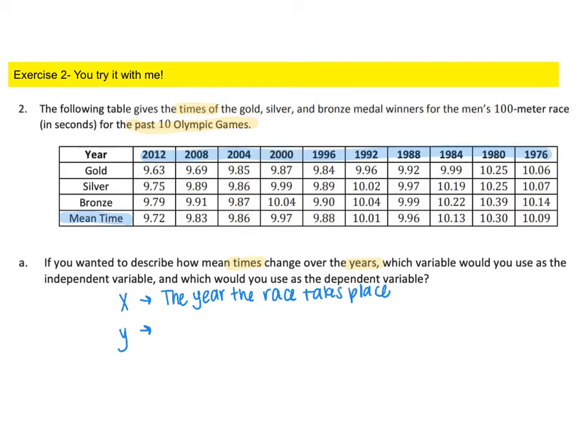What is dependent on that is the mean time, or the average time. Mean means average, of the race. Okay, so please make sure you have that written down before we move to the next slide.